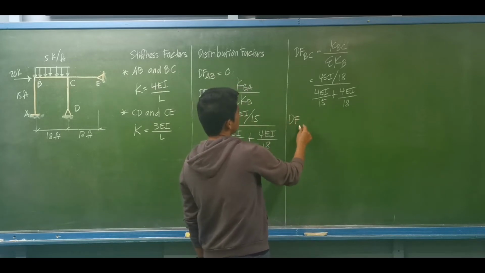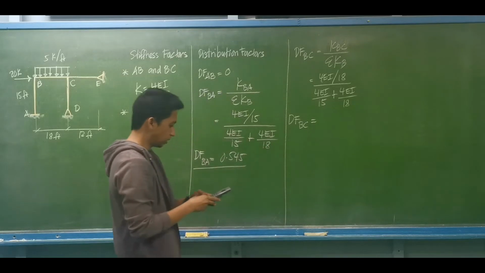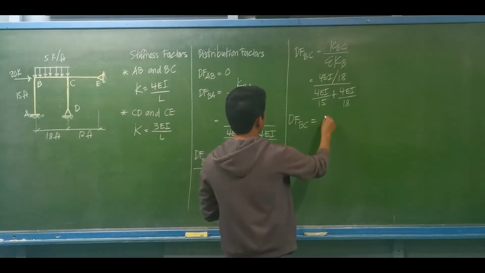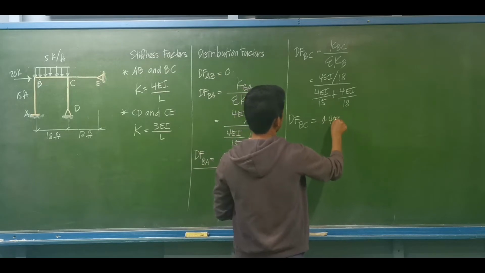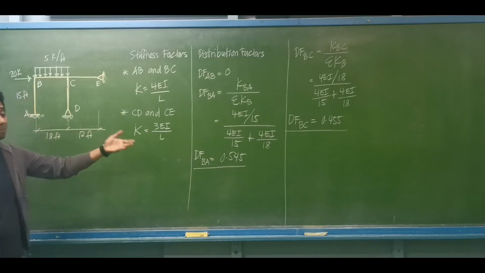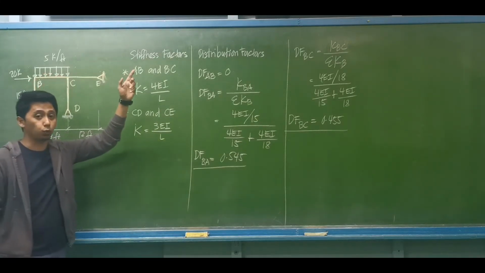The distribution factor for member BC is equal to 1 minus this value, which is 0.455.